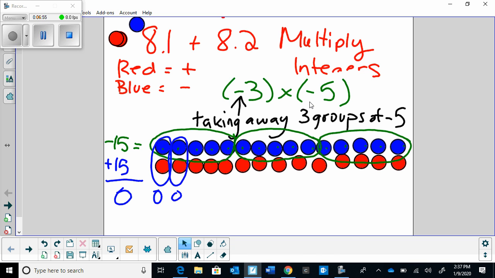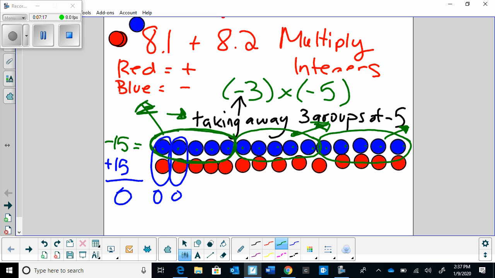So I'm going to go back to this sentence right here: taking away 3 groups of negative 5. Here we have circled 1 group of negative 5. We're going to take that away. Here we have another group of negative 5, take it away. And here we have another group of negative 5, take it away.